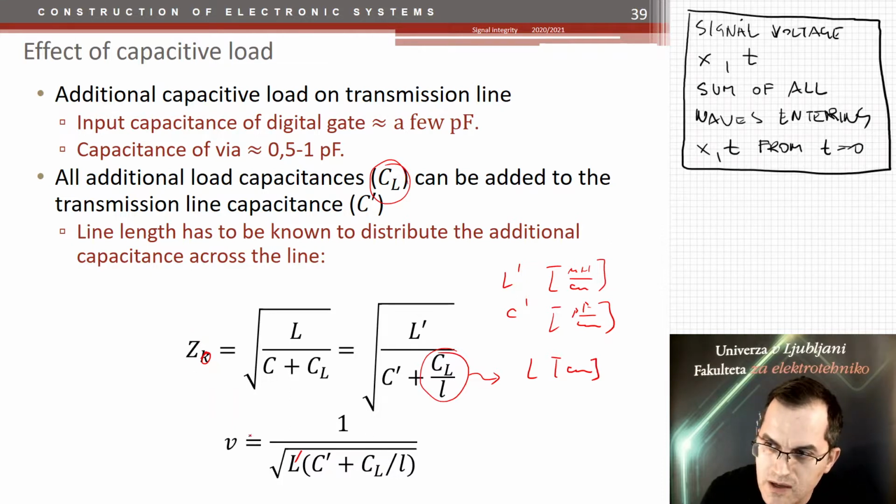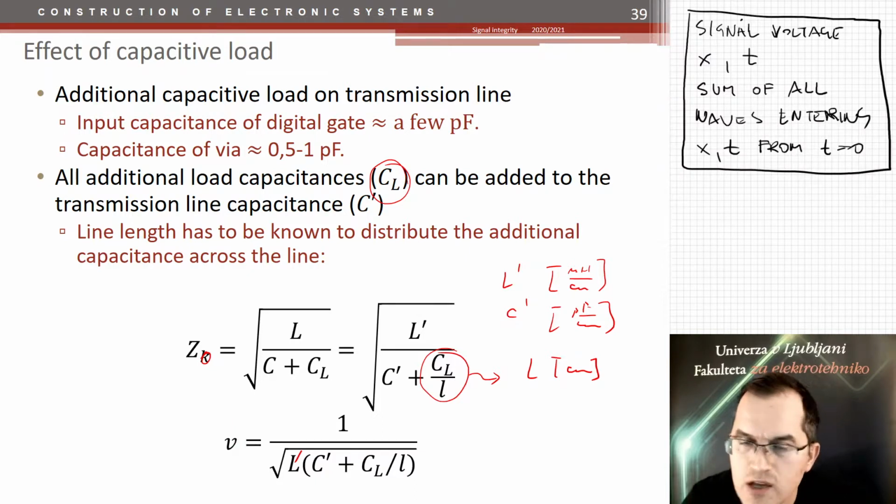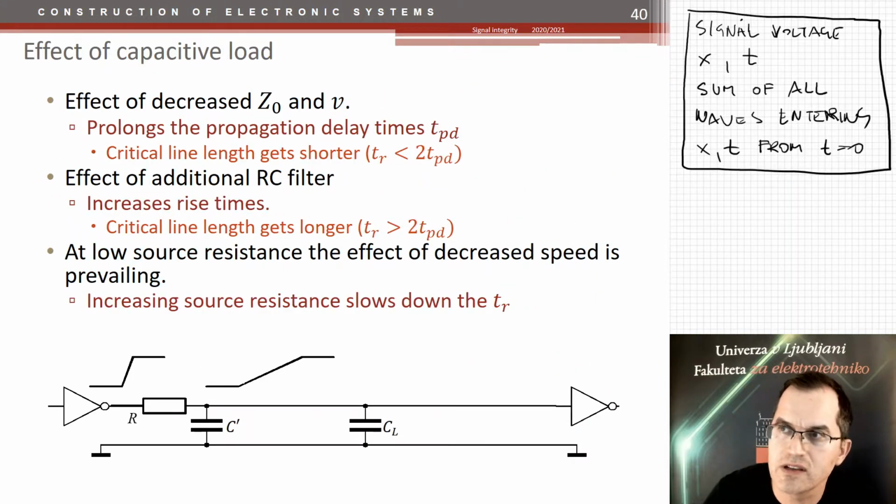So what happens? As you see, the load capacitance decreases the characteristic impedance of the line, and it also decreases the propagation speed. So if we add capacitance, we are decreasing propagation speed. That means that our transmission line, if it has decreased speed, will prolong the propagation delay time.